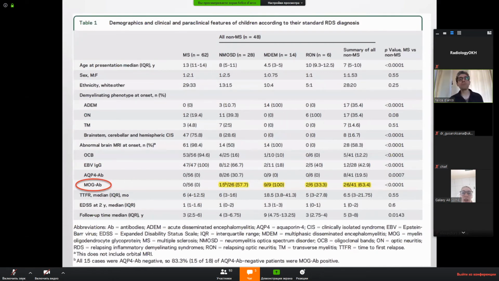And we no longer have only neuromyelitis optica due to antibodies against aquaporin-4. We have a new entity that is due to antibodies against MOG, which is a protein that is in the oligodendrocyte.